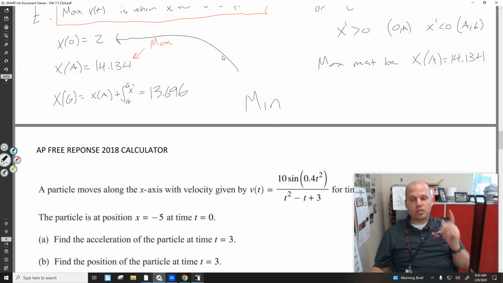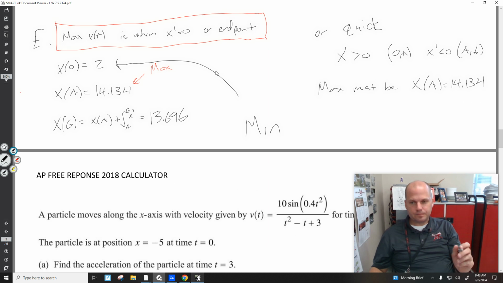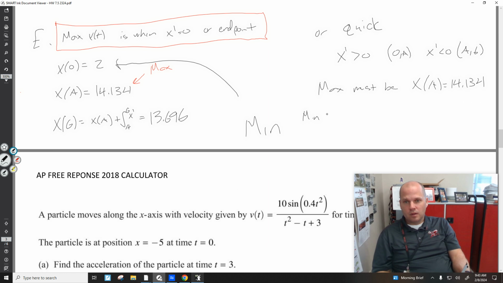Okay, if you were to do the min the long way, you would say the min is either x of 0 or x of 6, since x prime is positive from 0 to A and x prime is negative from A to 6.